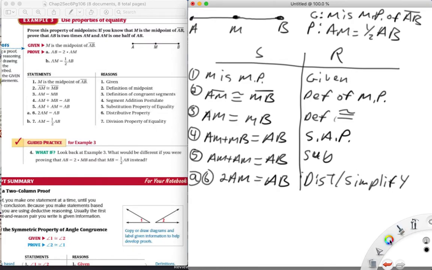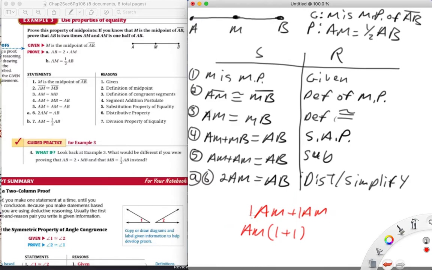For those who need a refresher on their distributive property, AM plus AM is equal to, I can pull out the AM, and I can say this is equal to AM times 1 plus 1, right? There's a 1 in front of this AM, there's a 1 in front of this AM.